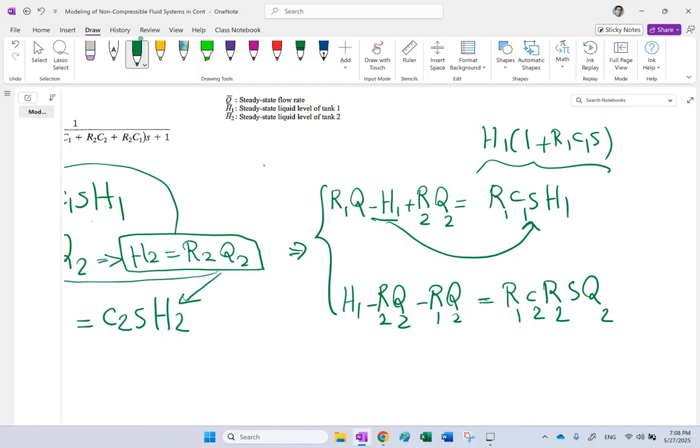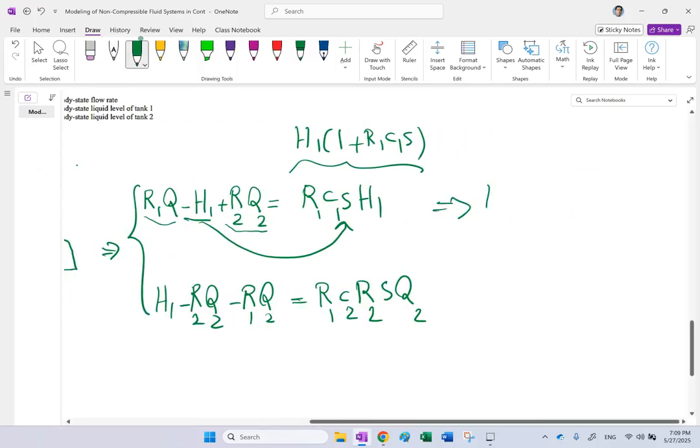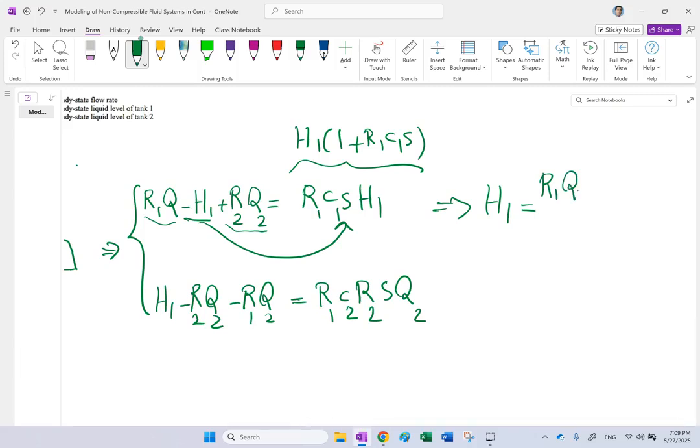That is going to be equal to R1Q plus R2Q2, right? So let's solve for H1. H1 is going to be R1Q plus R2Q2 divided by all of that.